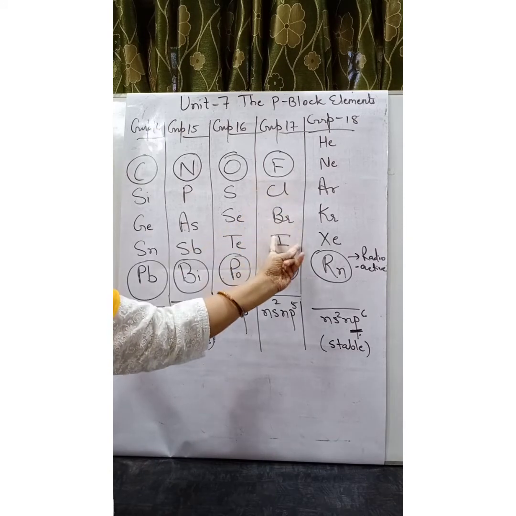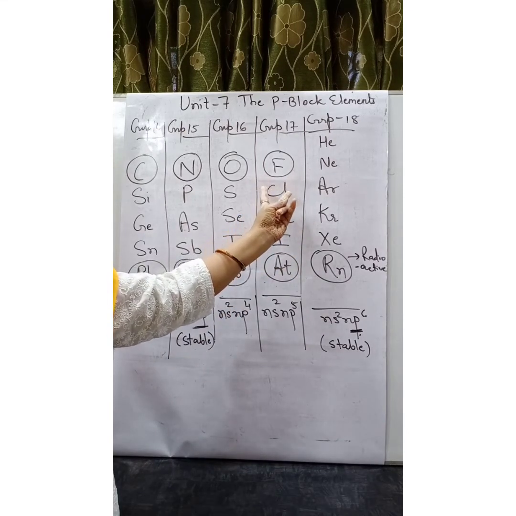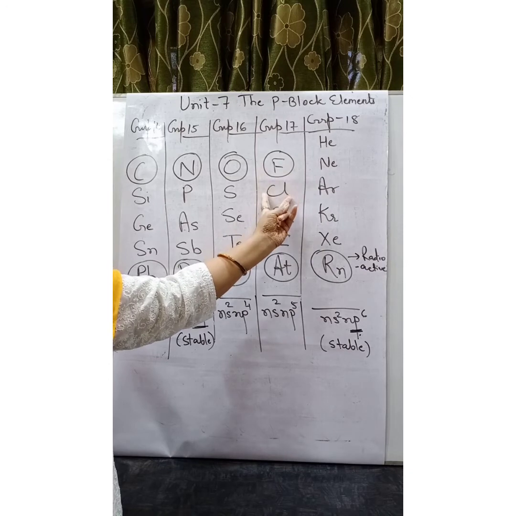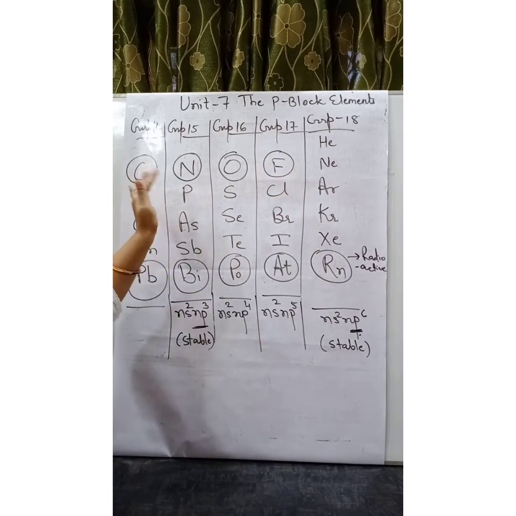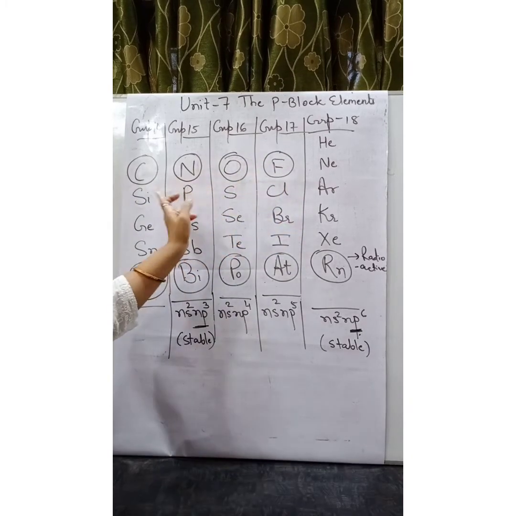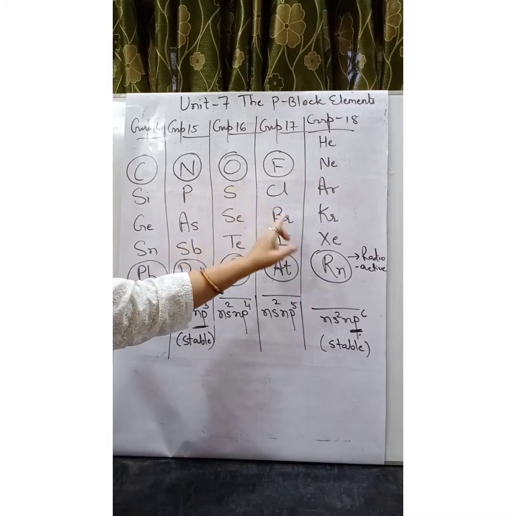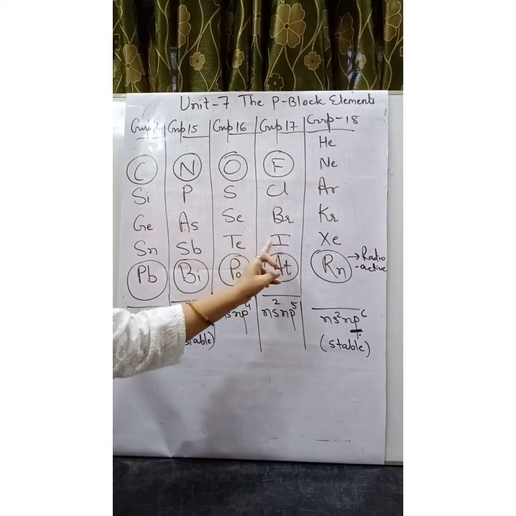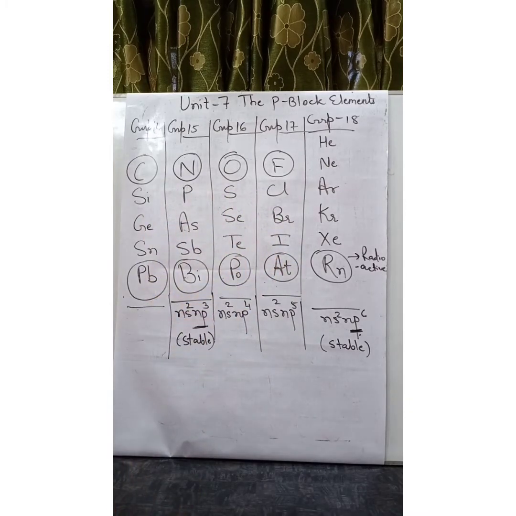So we can say halogens have the smallest size in the respective periods. That means if we talk about this period, fluorine, then chlorine is having the smallest size compared to others. Bromine, iodine, like that we can say.